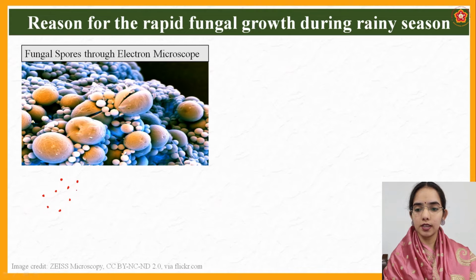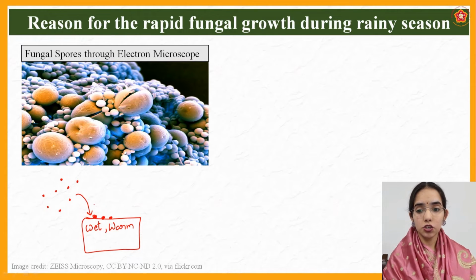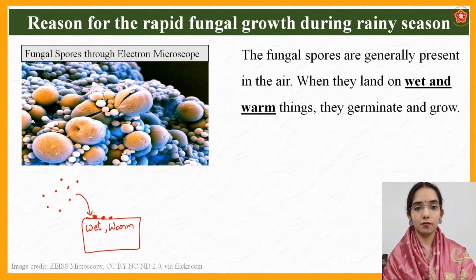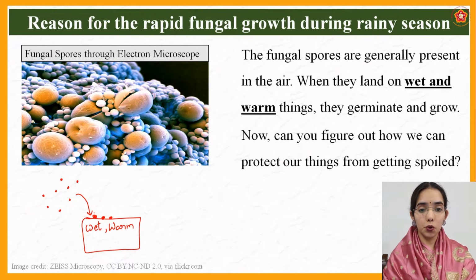So they are present everywhere in the air, and whenever they land on a surface which is wet and warm, they will start growing over there. So wet and warm is an ideal condition for these spores to germinate and grow. The fungal spores are generally present in the air. When they land on wet and warm things, they germinate and grow.